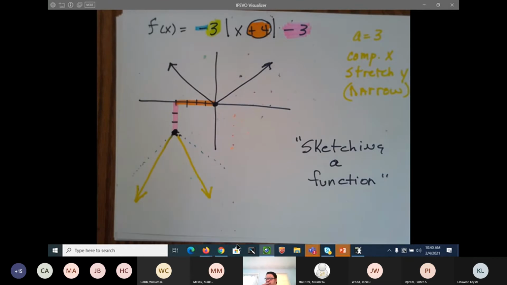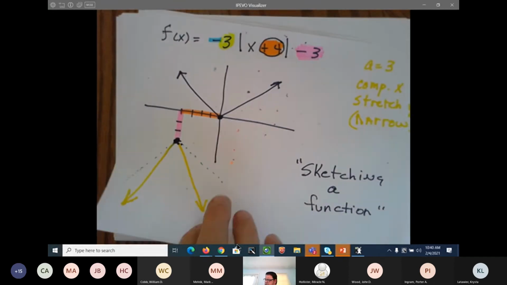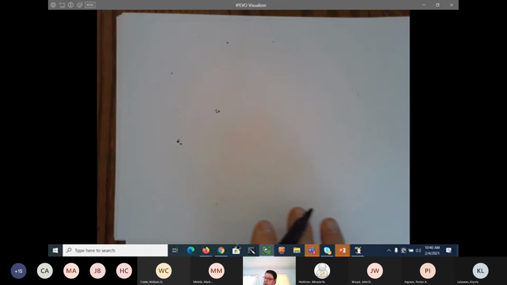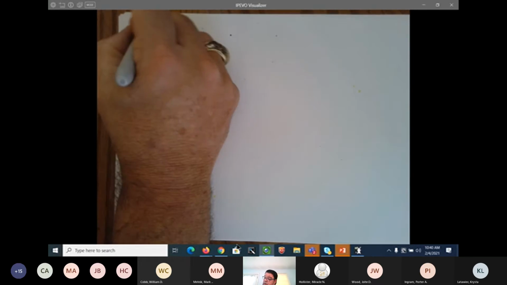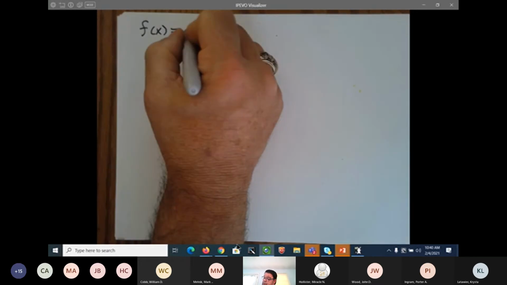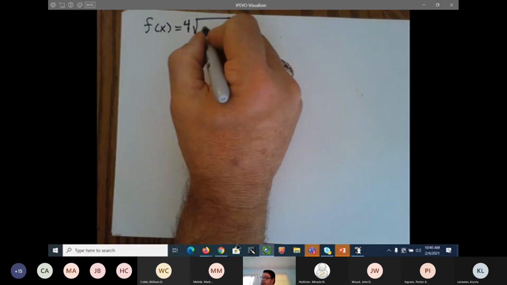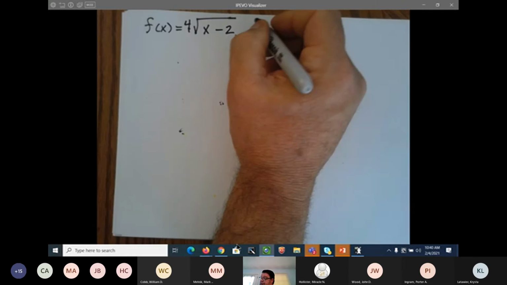I'm going to do one more real quick to show you how it applies to other functions. Square root. F of x is equal to 4 times the square root of x minus 2 plus 6.